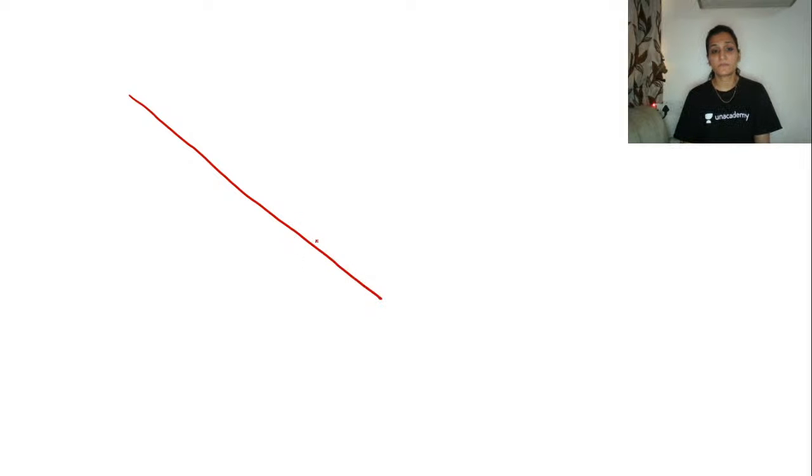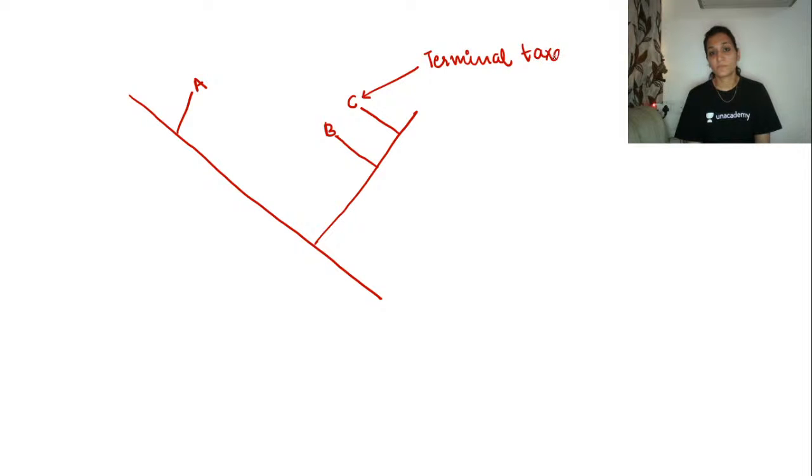So like this: A, B, and C. These are the terminal taxa. These are the internodes.